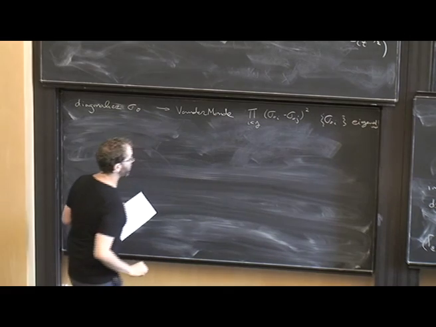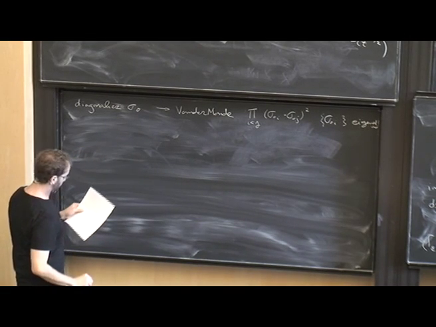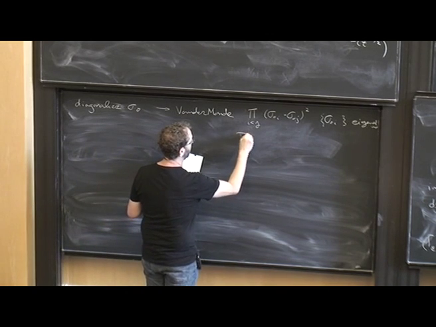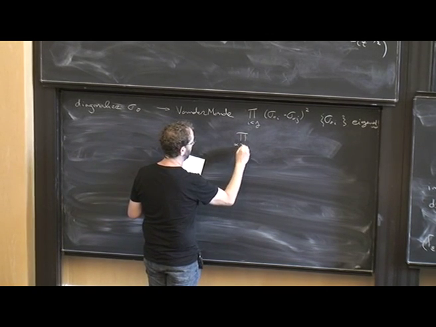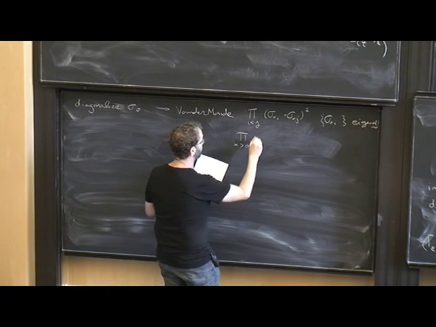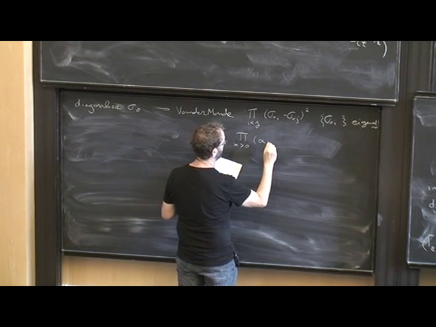If you consider a general group, not necessarily U(N), then instead you have the product over all the positive roots alpha.